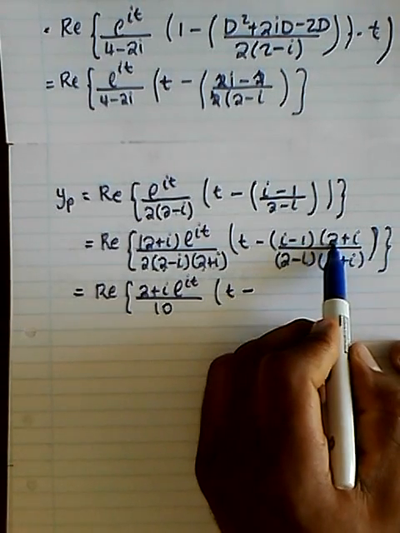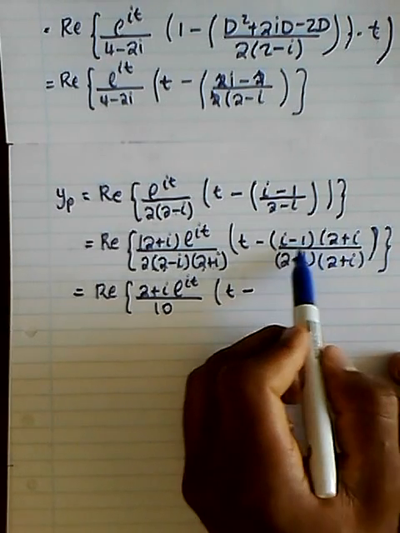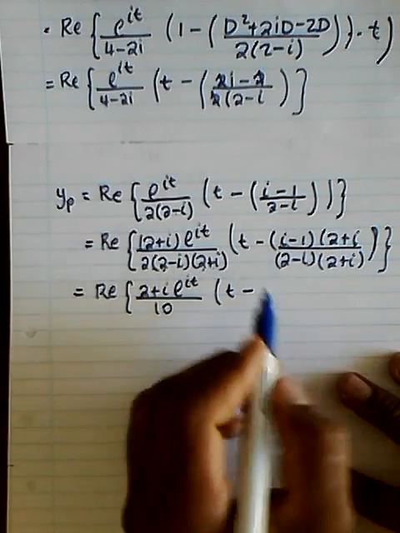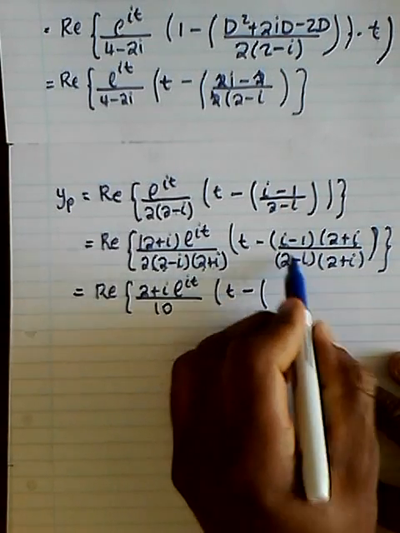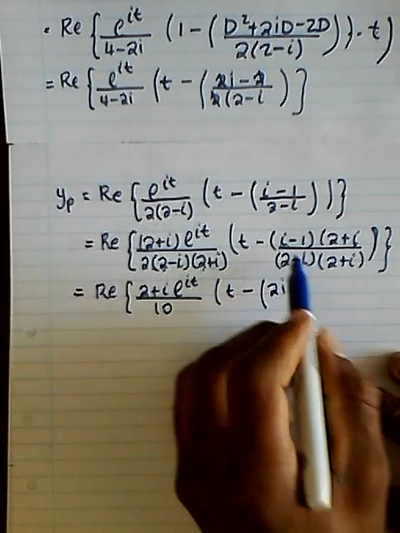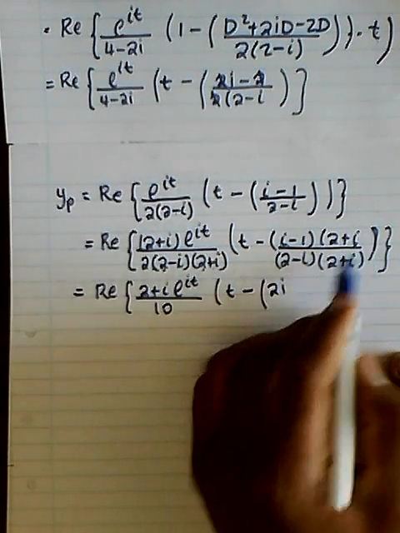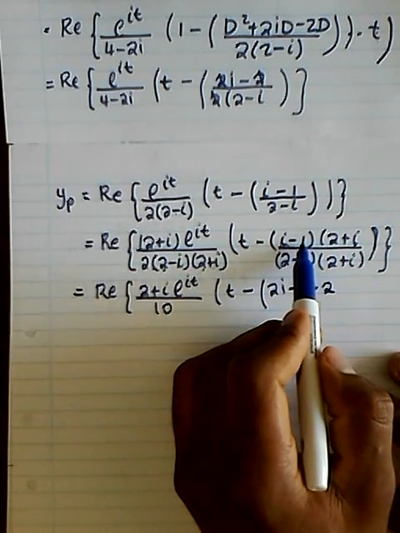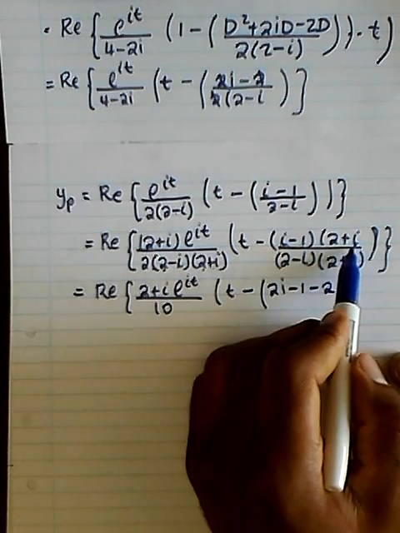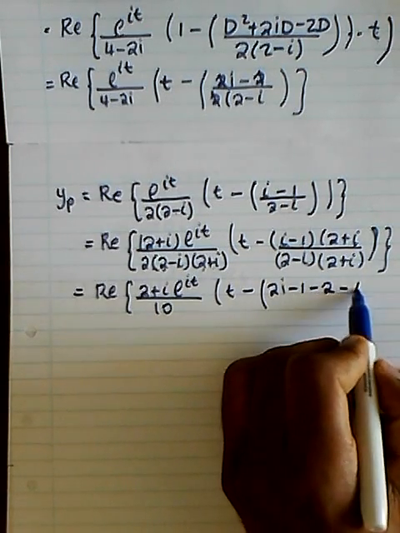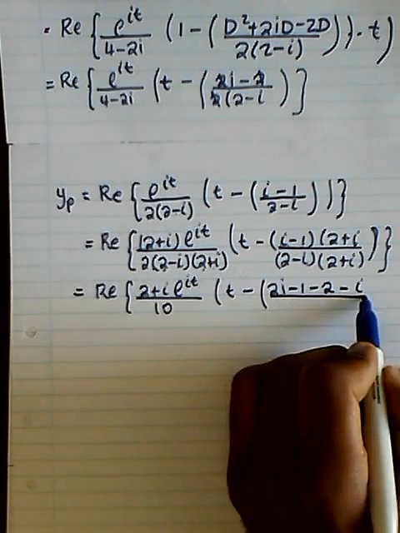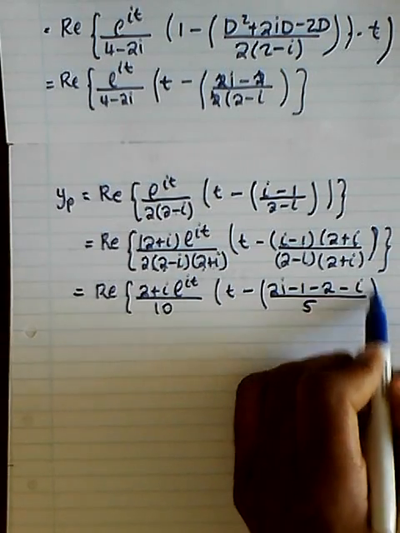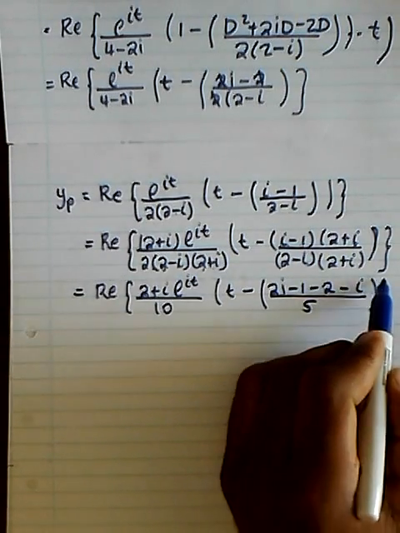We're going to get 2i, and then i by i, you're going to get minus 1, and then minus 2 here, and then minus 1 by i, you're going to get minus i. Okay, and that is divided by 5.